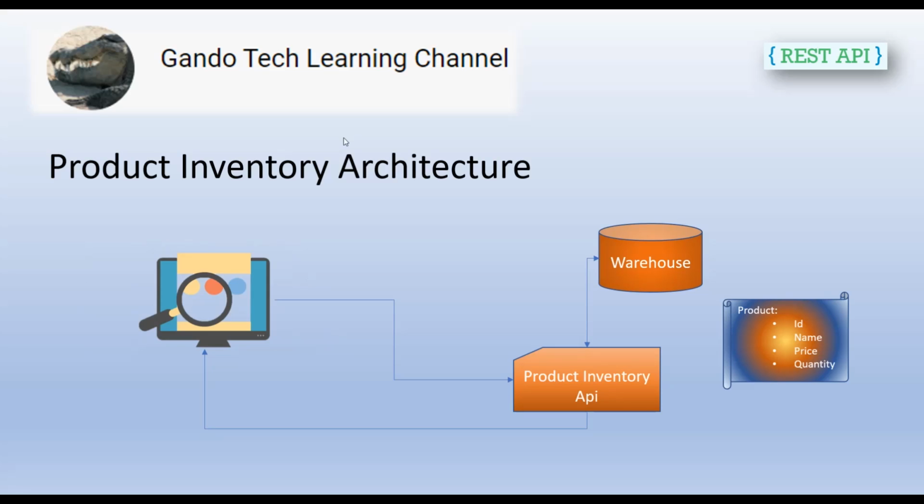As you can see, this is the end user, which is going to communicate with our API, the product inventory API, and actually interacting with the warehouse indirectly.